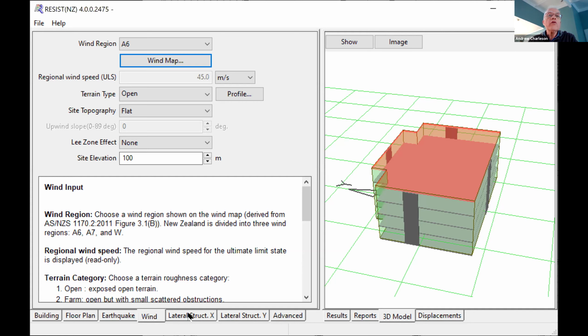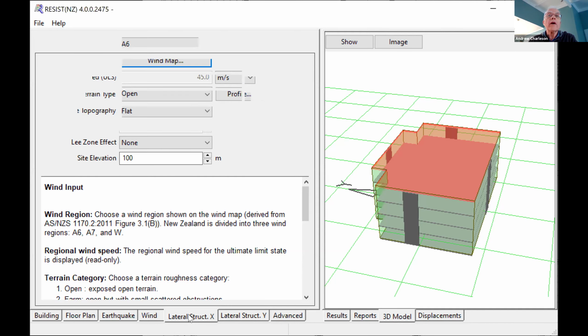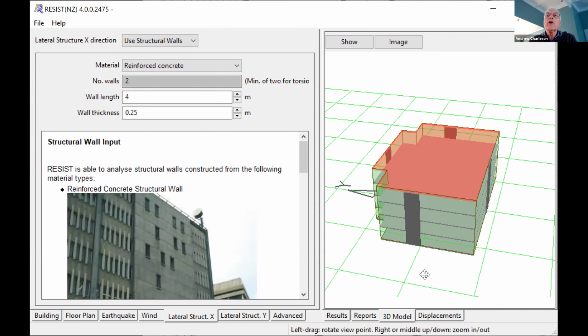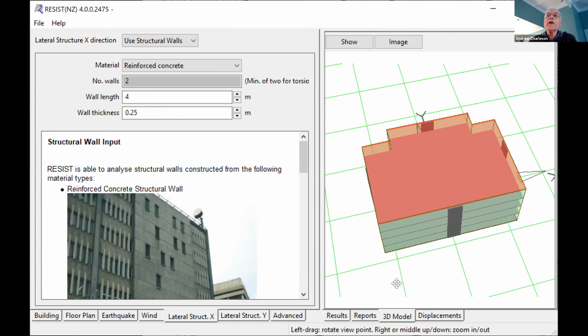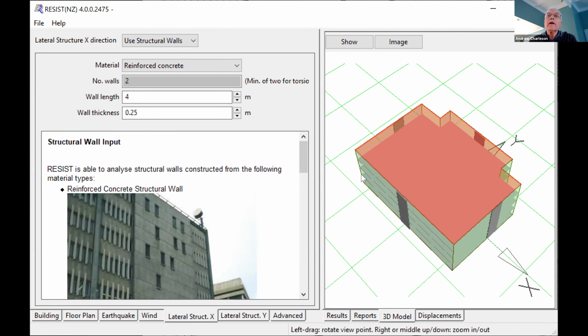We move on to the structure in the X direction. So now we are going to design the structure in the X direction. We've got three choices. We can use structural walls, which is what we've already got.